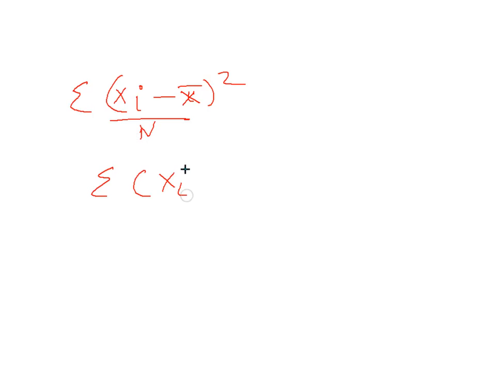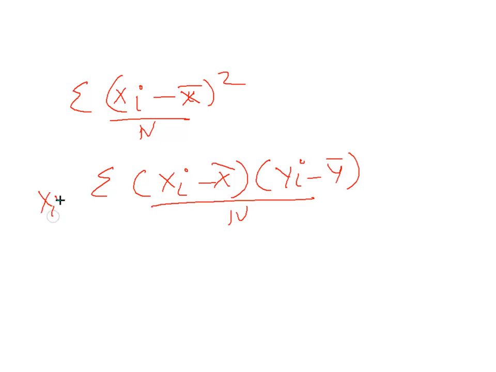So let us try to understand. Remember, variance is given as the summation of (xi minus x bar) whole square divided by n, and covariance is written as the summation of (xi minus x bar)(yi minus y bar) divided by n. This is the covariance between x and y.